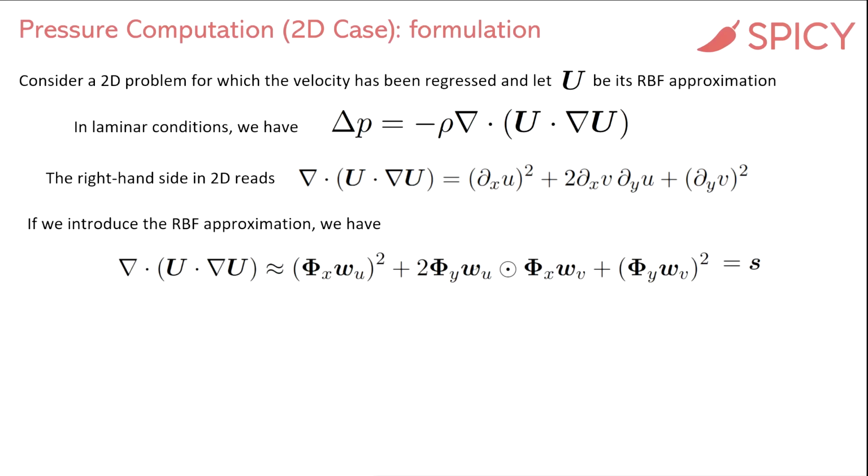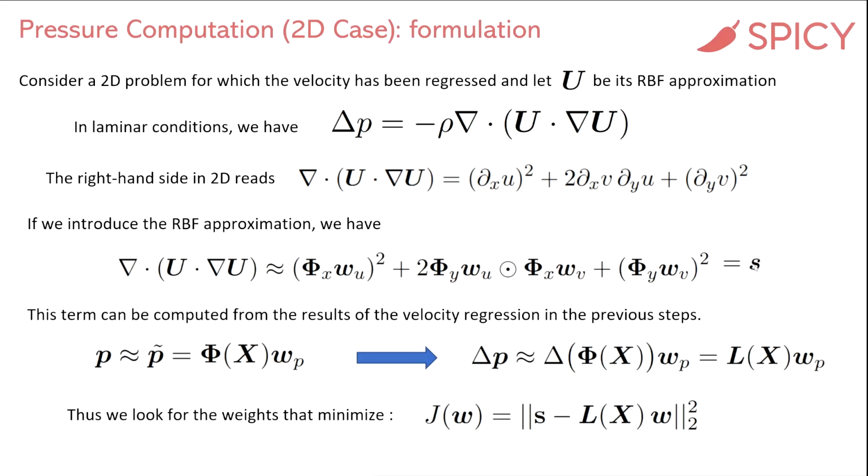So the result of this operation would be a vector, which we call S, that is the source. And in SPICY you will be able to compute this in just one line of code once the velocity regression is available.